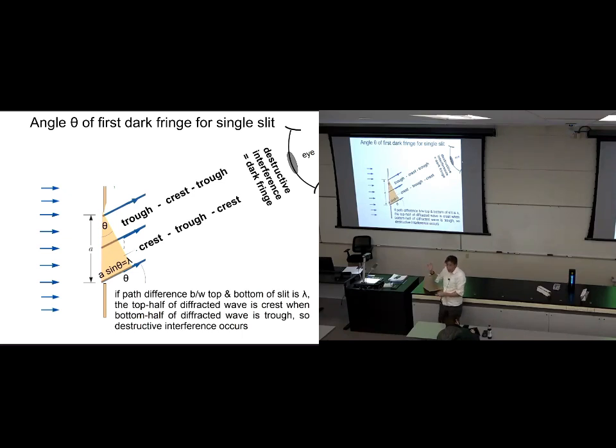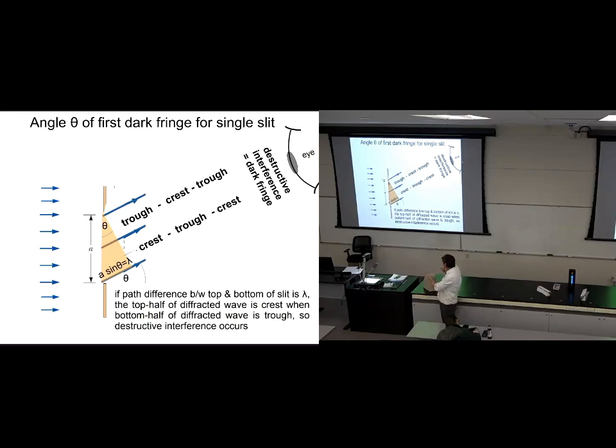So that's the special condition that leads to the first dark fringe. The special condition that leads to the first dark fringe is that this distance is a little shorter from the nearer edge of the slit, the top edge of the slit in this case.